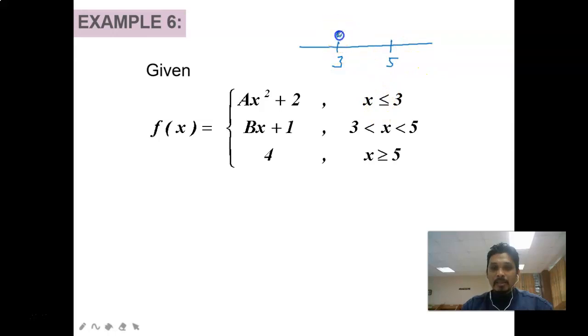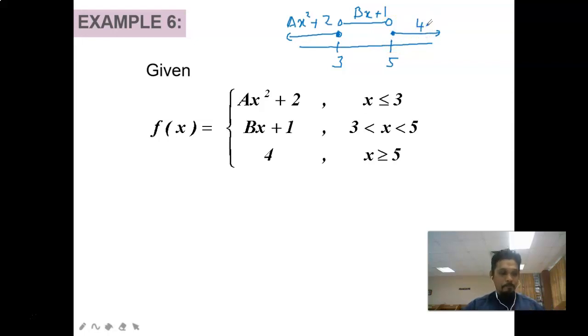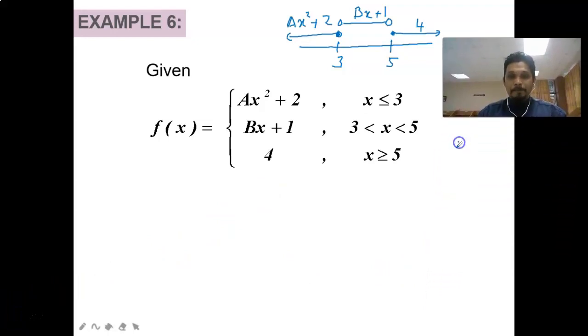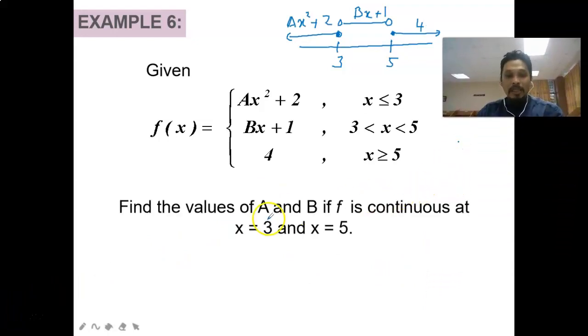For x less than or equal to 3 it is ax squared plus 2, and then between 3 and 5, the function is bx plus 1, and then greater than 5 it equals 4. Find the values of a and b if f is continuous at x equal to 3 and x equal to 5.